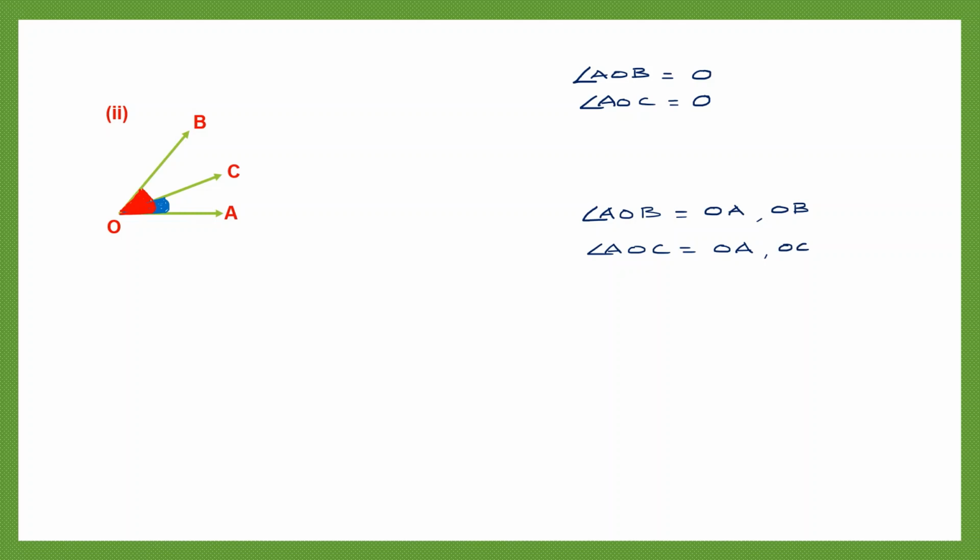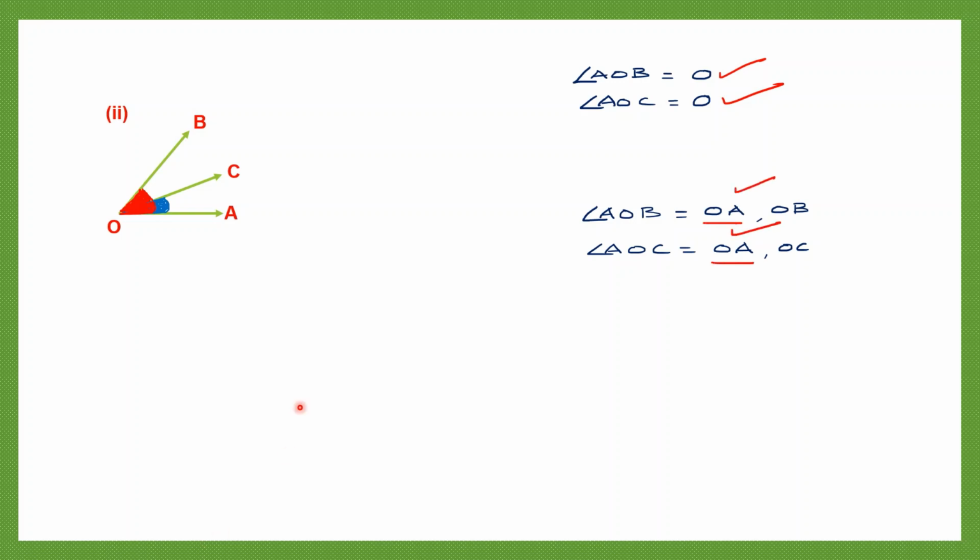Okay, so now let's see if they follow the properties of adjacent angles. Adjacent angles have a common vertex. So they have a common vertex, and this part is correct. Then adjacent angles have a common arm. See, OA is common to both these angles. So they have a common arm also, and that is also correct.